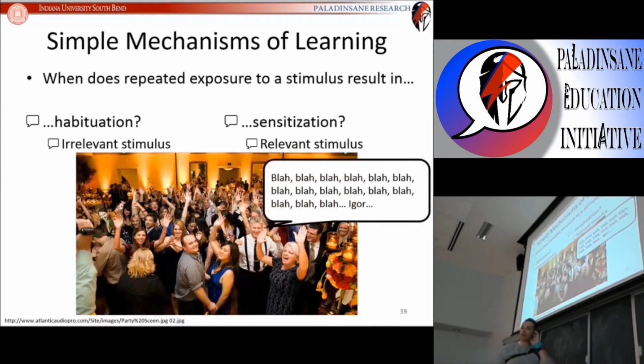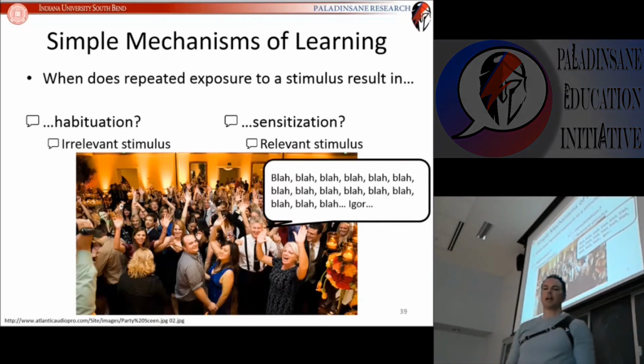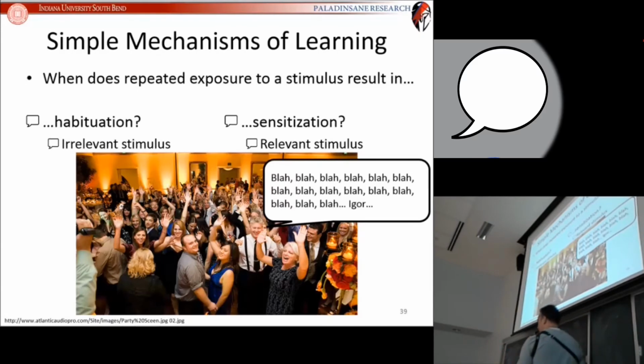And now you are sensitized to that conversation, and it actually becomes very difficult to maintain concentration on the conversation that you have, and you can't help but find yourself kind of listening in on what's going on in that other conversation.